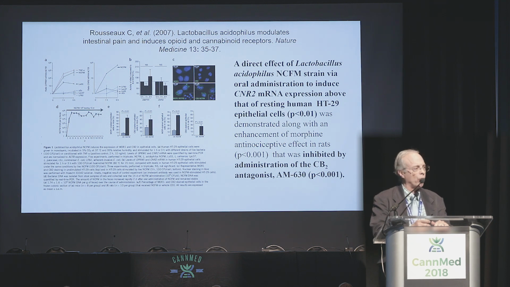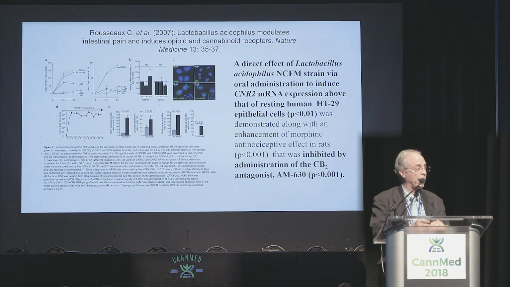A study that directly relates to the endocannabinoid system is this one from 2007. A specific strain of Lactobacillus acidophilus, a common component of yogurt, was administered and induced CNR2, the gene that produces the CB2 receptor, its RNA expression above that in the human HT29 epithelial cells, and that was statistically significant.